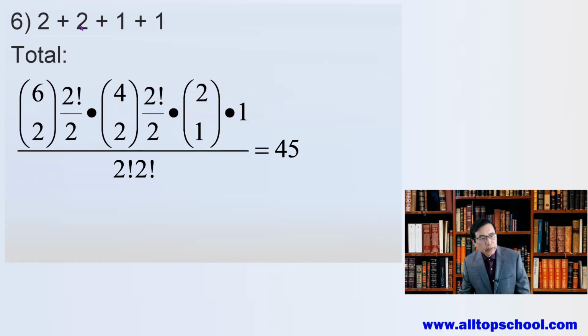Since the two 2-cycles repeat, you divide by 2 factorial. For the two 1-cycles repeating, you also divide by 2 factorial. By this calculation, we get 45. So this will be the value for 2 cycles of 2 and 2 cycles of 1.